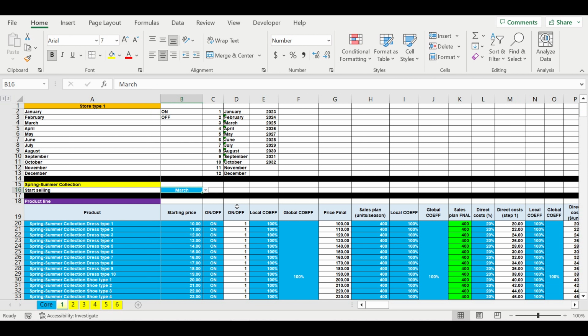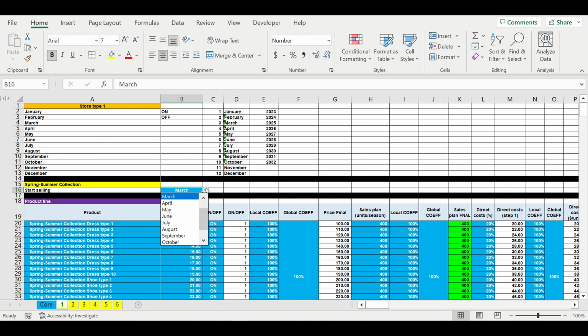First of all, we have a rule that all inputs in our model are colored blue, like this, like this, like this. These are the inputs. We're not touching other cells while scenario modeling, so we are playing only with blue cells. Other cells are formulas. In our store we have 2 collections, for example spring summer collection and autumn winter collection.